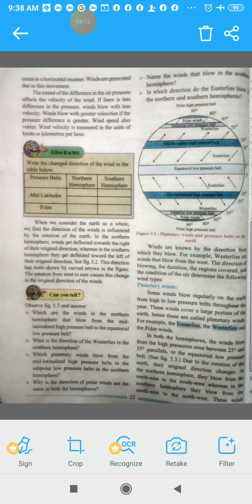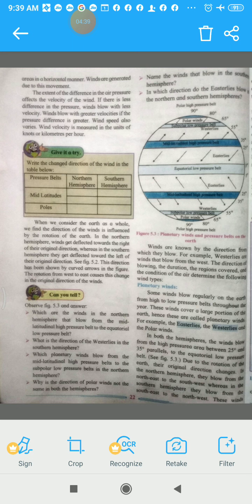You should invert the book, then only you will see that the blue curved line is deflected towards the right. So in short, what have we studied? In the northern hemisphere, whatever the direction of the wind, whether upward or downward, the changed direction is always towards the right.